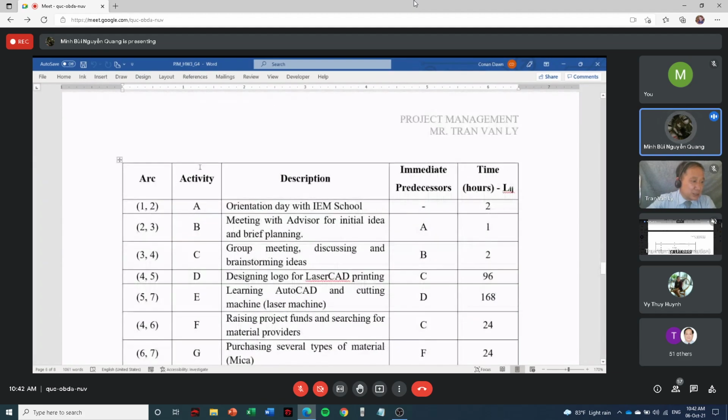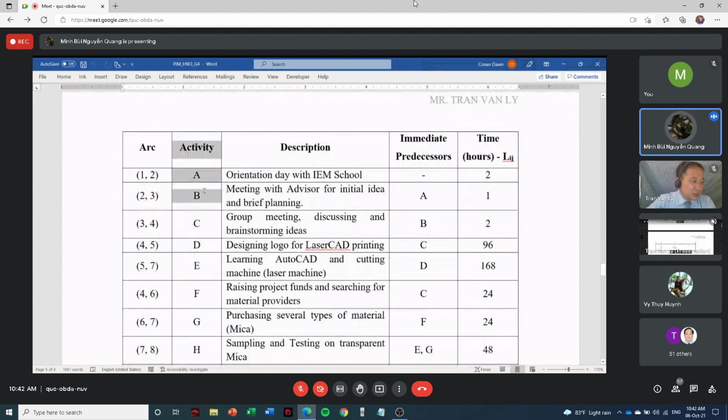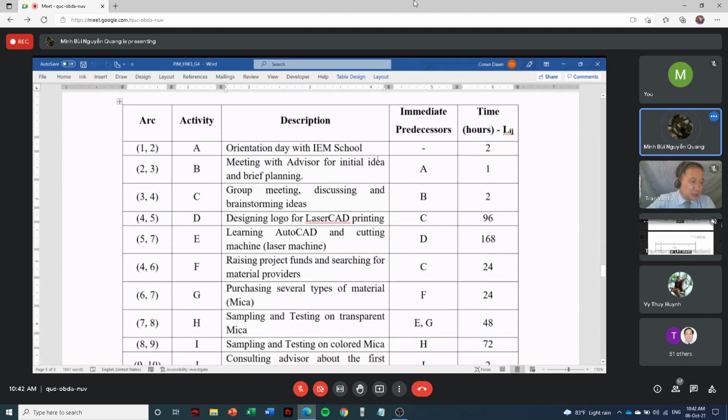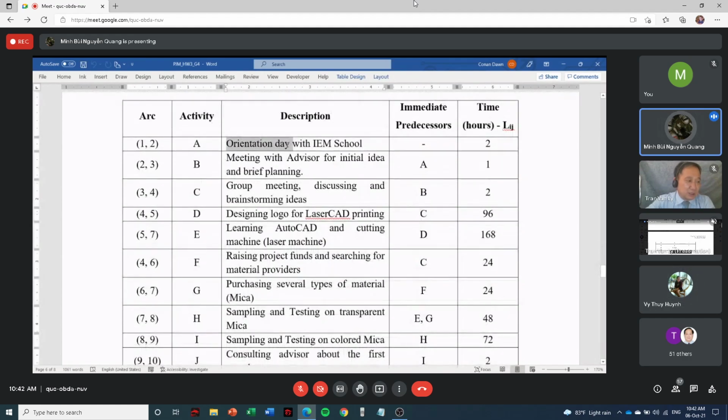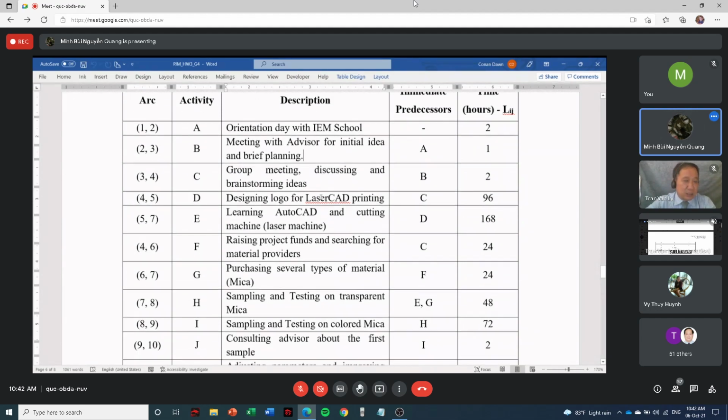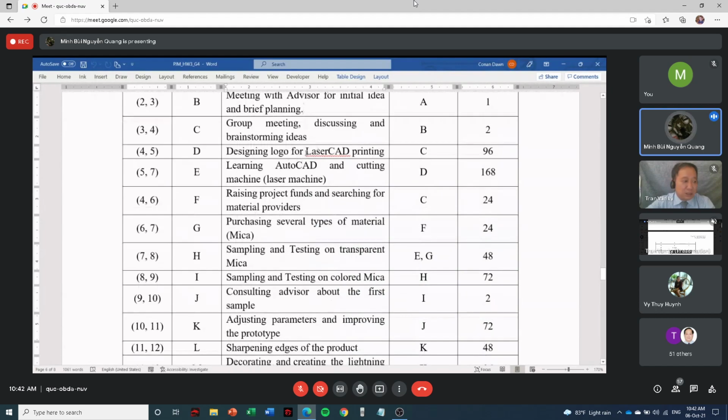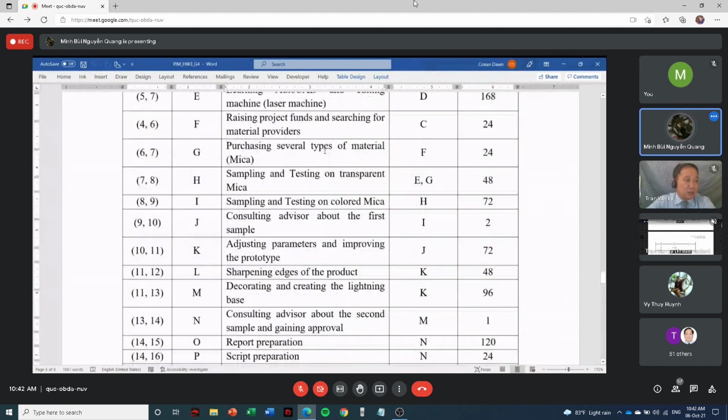First we list down all the activities that we did during that project. We attended the orientation day with the IM school, and then we met the advisor, and then we had some group meetings and discussed what we would do at that time. Then we designed the logo on the laser cut printing, and so on.